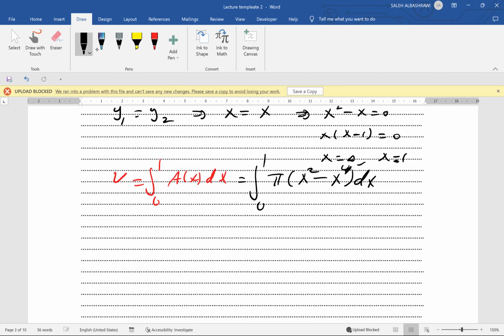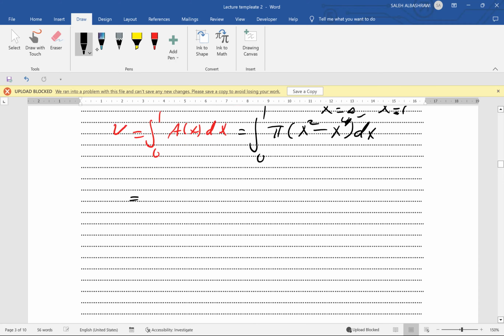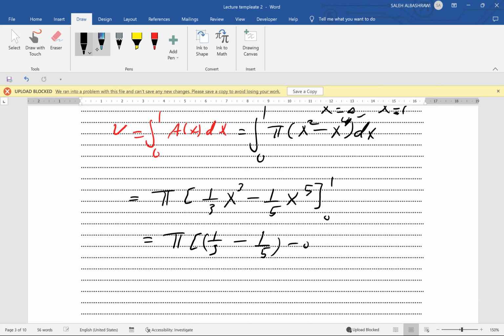Integrate and evaluate. Now we will have pi multiplied by 1/3 x to power 3 minus 1/5 x to power 5 from 0 to 1. Replace x by 1 and then by 0. We will have pi multiplied by 1/3 minus 1/5 minus 0.